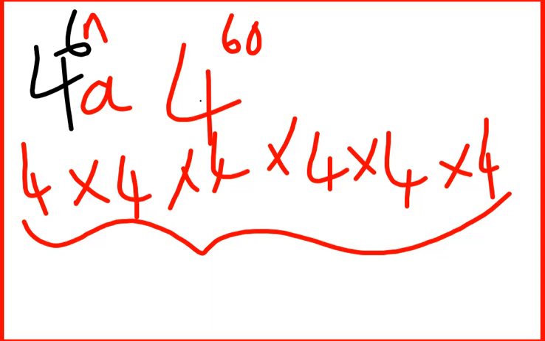Now let's have a look at the exponent rules, the laws of exponents. Our first one is x to the power of 0. Any number to the power of 0 is 1.